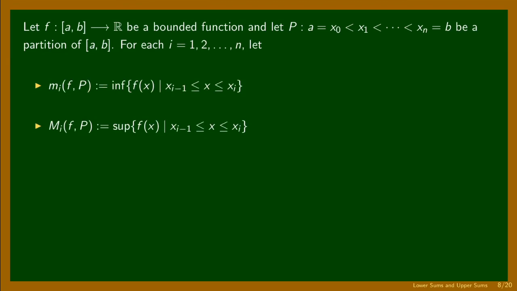Now, we will define the following notations. They may be intimidating at first, but you will see that they are natural. Para sa bawat sub-interval i ng partition, meron tayong little mi, tsaka capital Mi.